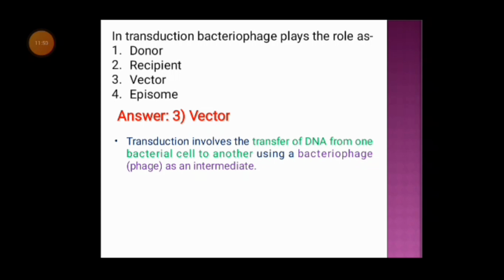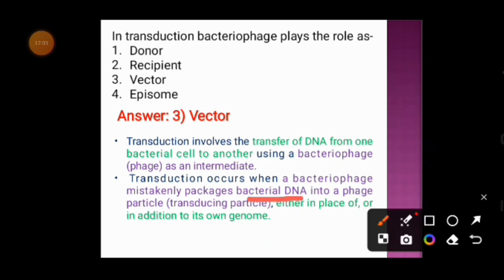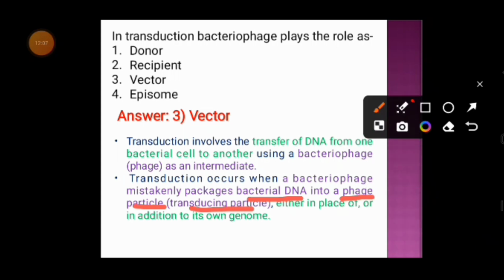So bacteriophage acts as an intermediate and as a vector. Transduction occurs when bacteriophage mistakenly packages the bacterial DNA into the phage particle, that is the transducing particle, either in place of or in addition to its own genome.